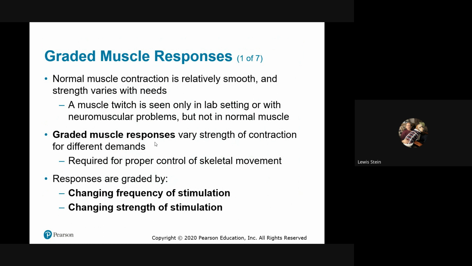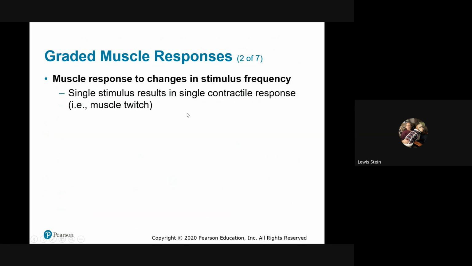And so we can evaluate this by changing the frequency and changing the strength of the stimulation. Frequency is a bigger player. Again, when you're dealing with nervous system, frequency is the key. It's not how big, how many. How big plays a little bit more of a role in muscle. With nerve, it does not.